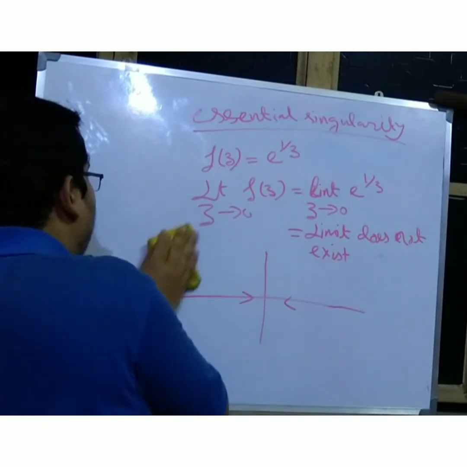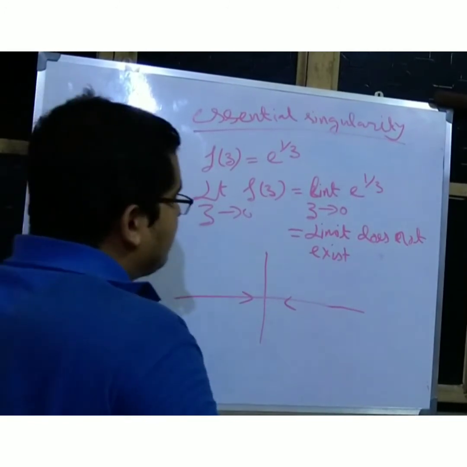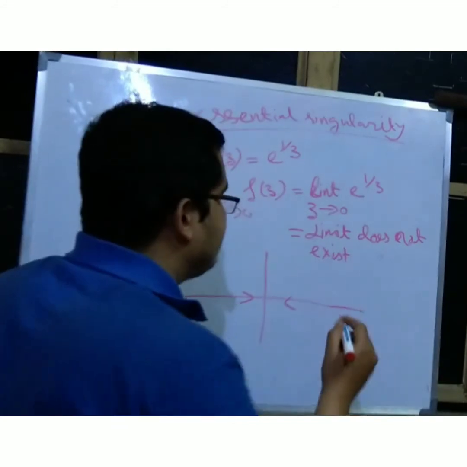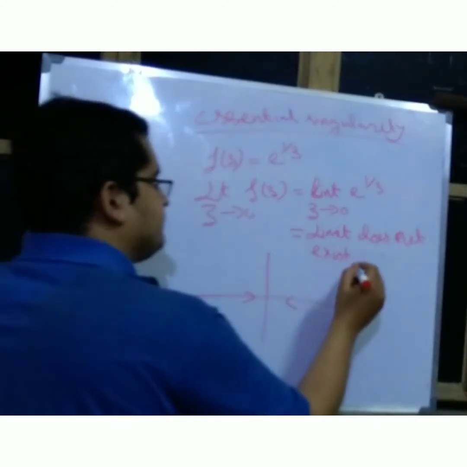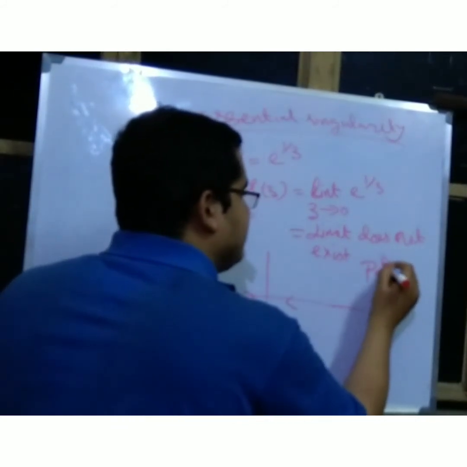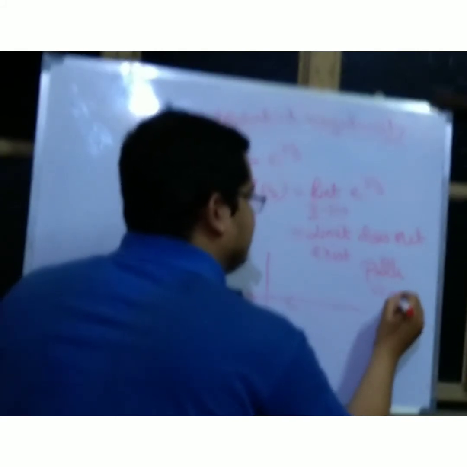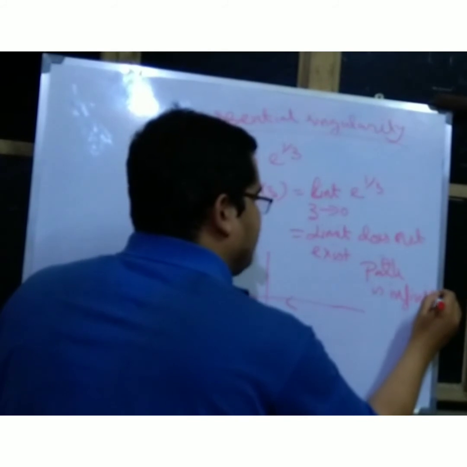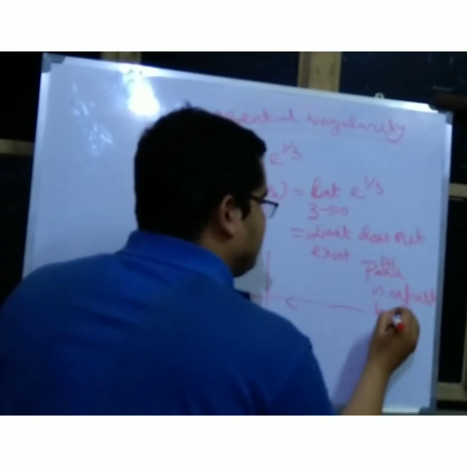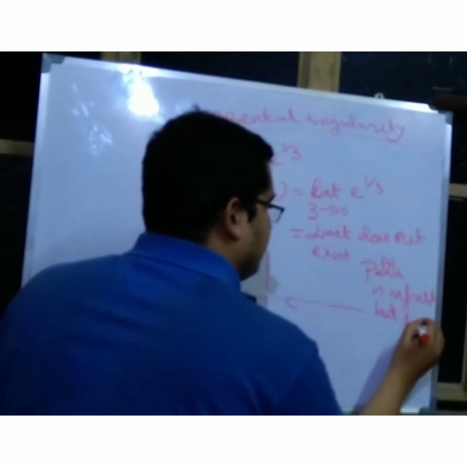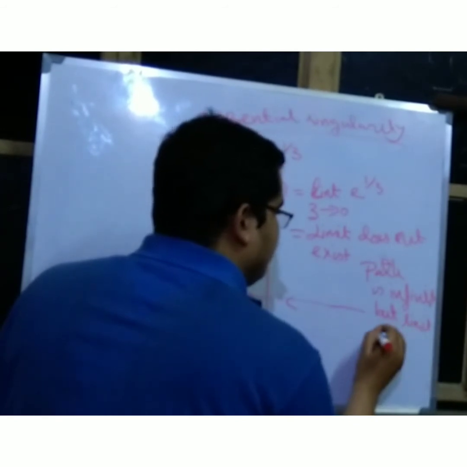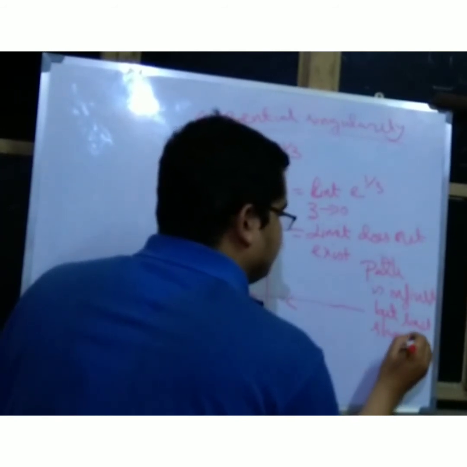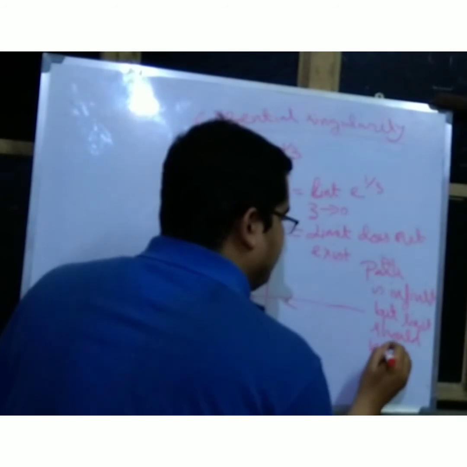In complex analysis, the path may be anything, the path may be infinite, but the limit should be unique.